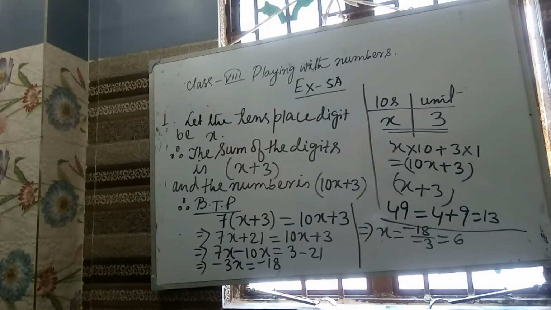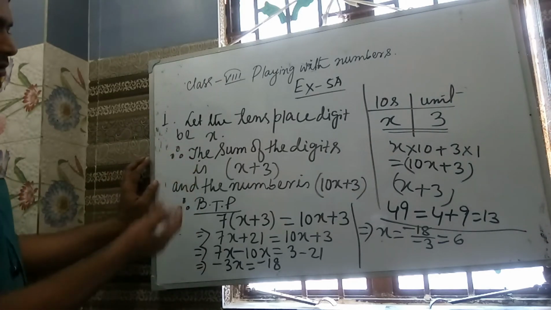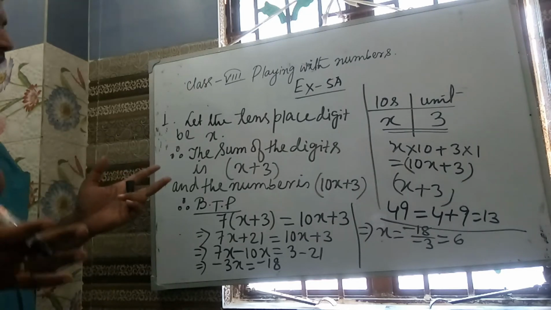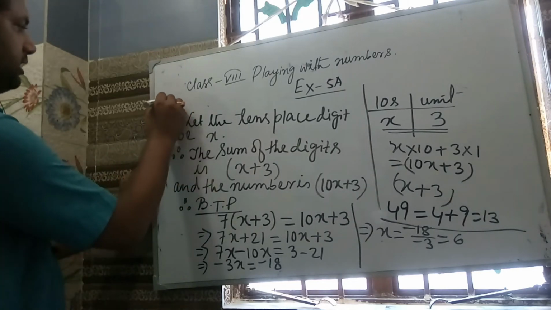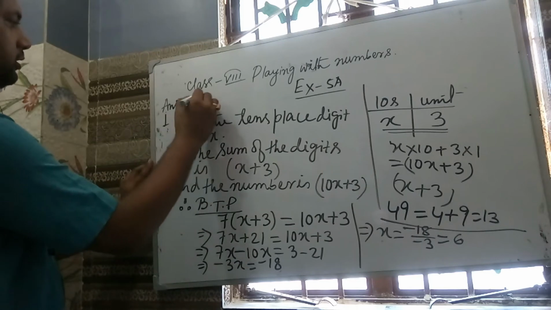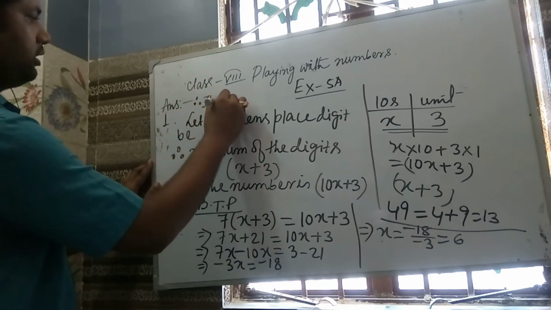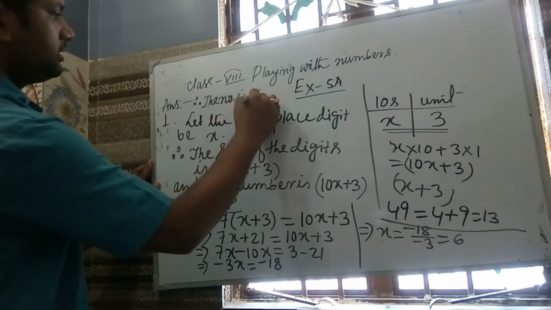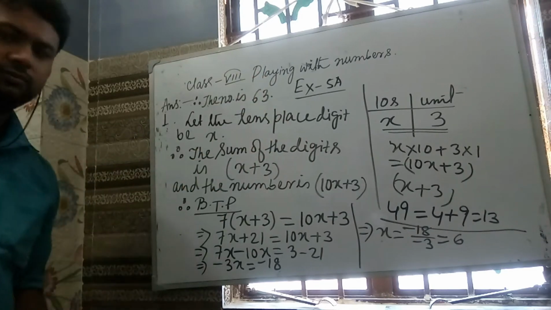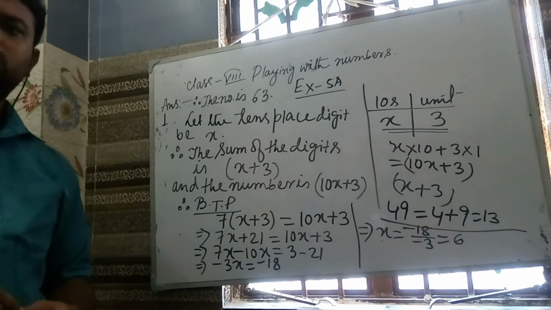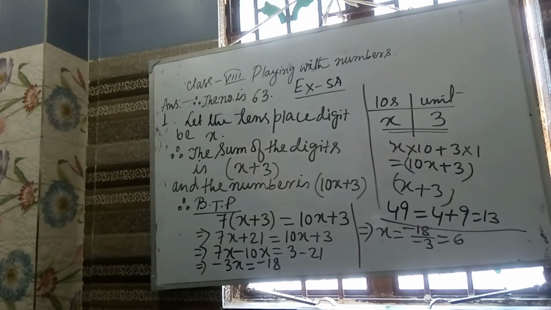So the last line, the answer line, as I do not have any extra space, I am writing the answer line here. Therefore, the number is 63. Okay. So I will request everyone to copy the sum.